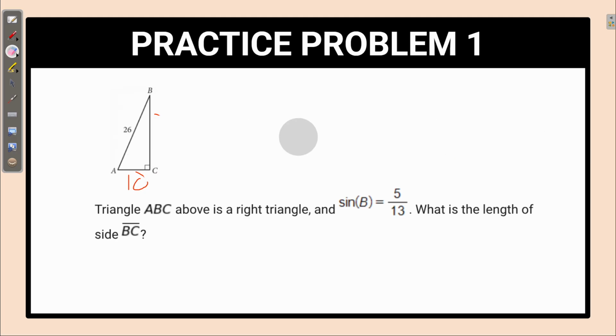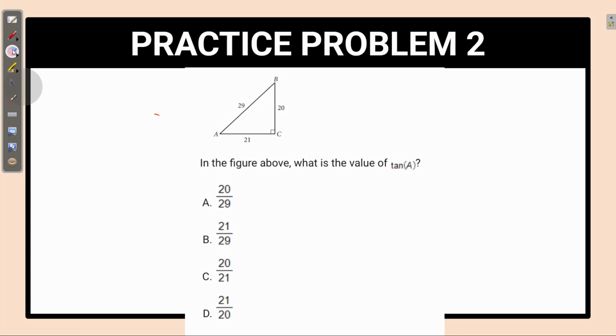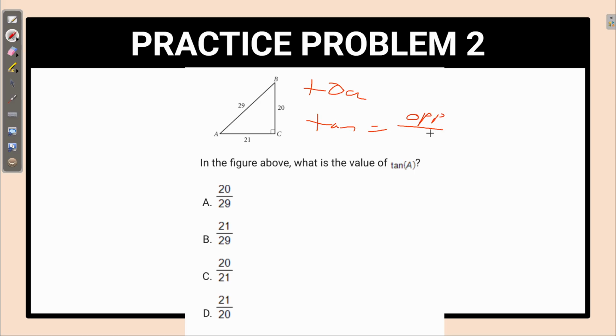Now, the next question is with tangent. So using our SOH CAH TOA, we have TOA here. The first letter stands for the trigonometric function that you're using. So we have tangent equals opposite over adjacent.